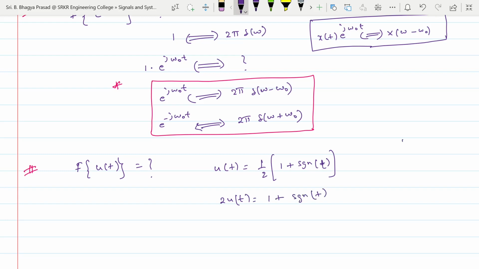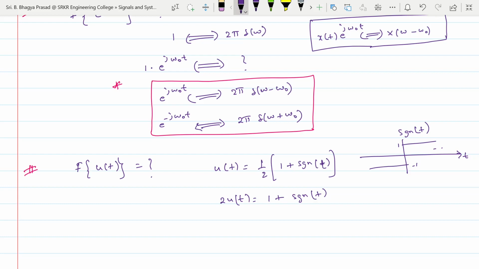You know the signum function: sgn(t) is 1 and −1. If you add 1 to the signum function and make it half, you will get u(t).